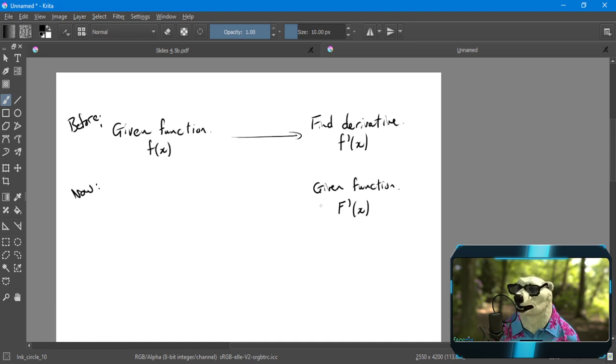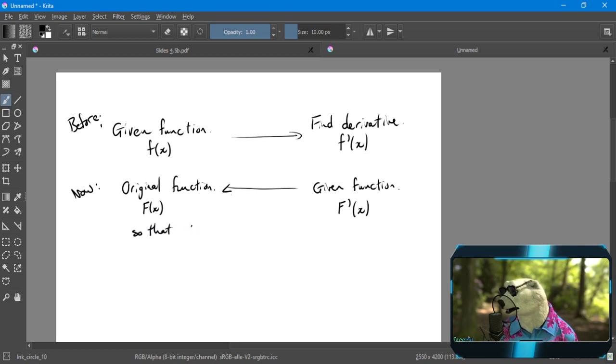Doesn't really matter what you call it. We're given some function. And then we're going to ask, what was the original function? So that, let's call it f of x, so that the derivative of this original function is my desired given function.